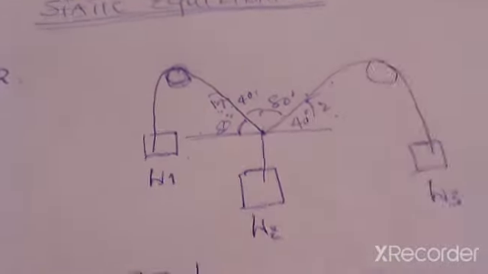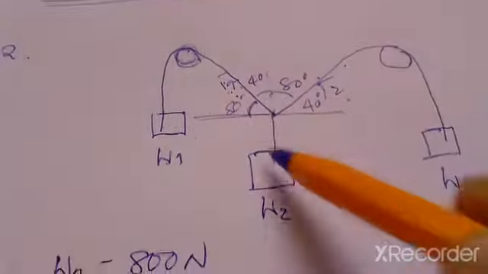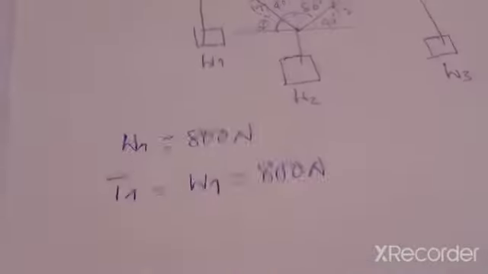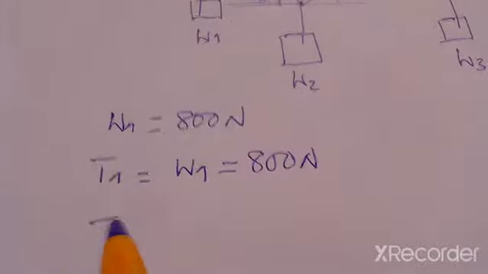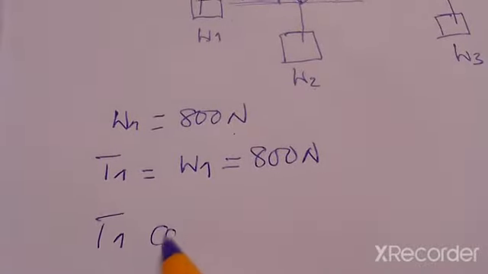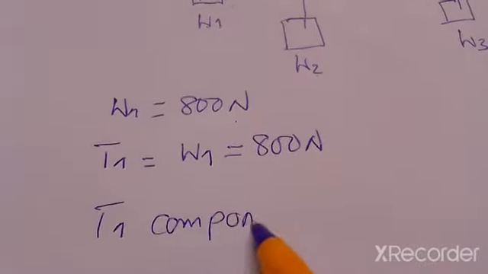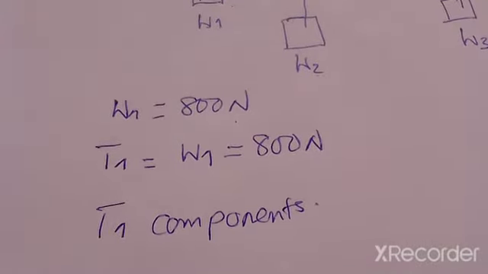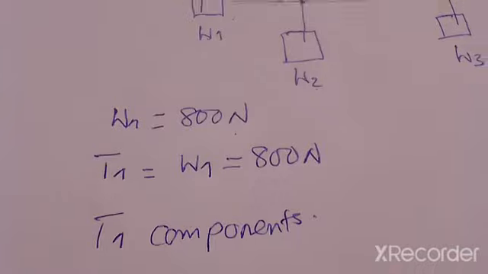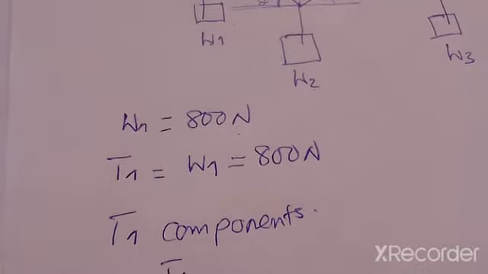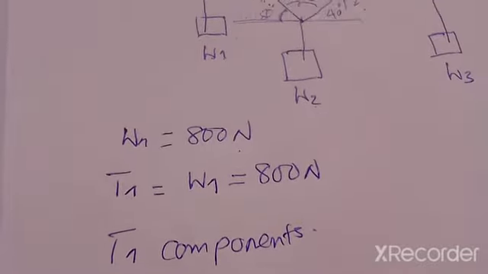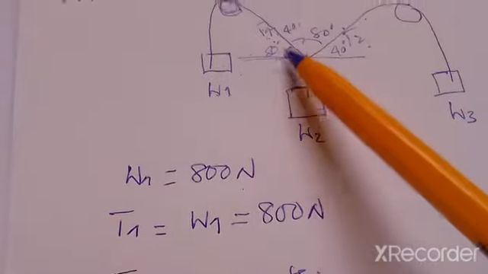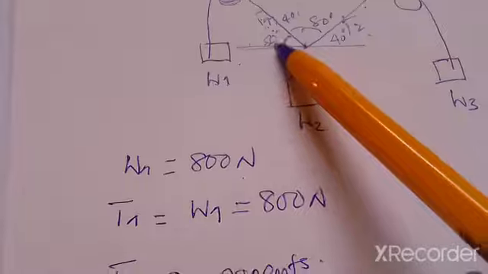So if I am finding the components of T1 with reference to this angle, I can start with the T1 components. The x component is going to be equal to T1 cos 50 degrees, because I'm using this 50 here.